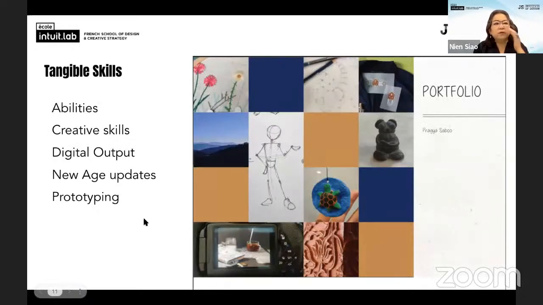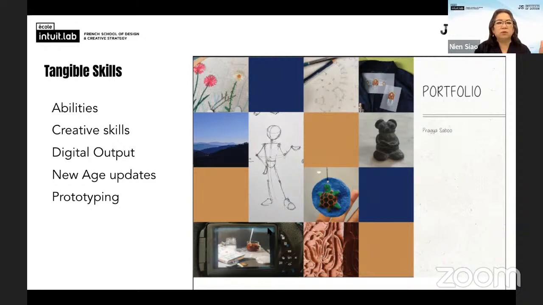So you can see over here some of these tangible skills, like a sketch, some clay work, some embroidery, photography, again some clay work, and some little jewelry pieces. All these are important, whether you do minute detail work or bold material work.